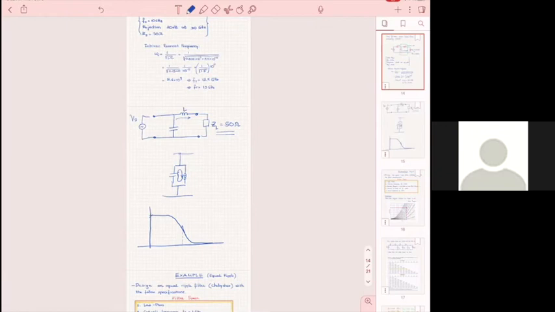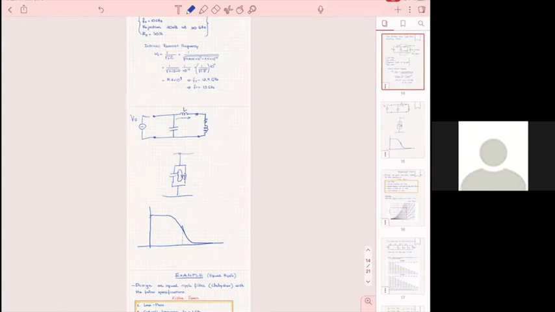Now, if your load was not exactly a resistor in this filter, let me also do the following. If your load was a complex load, so you had some kind of a resistor, but also an inductor, say it was a reactive load, all right? So you would have something like that and like this. Then what happens in this case?